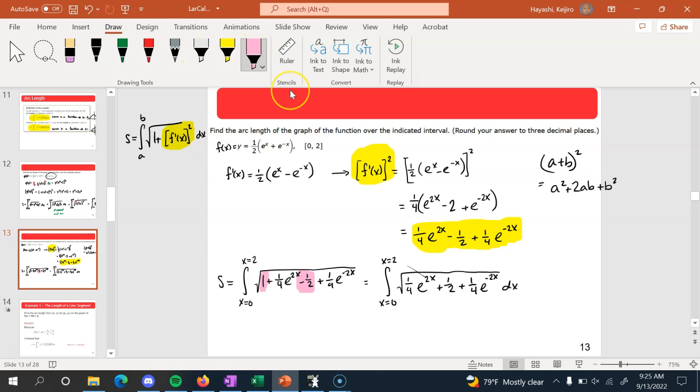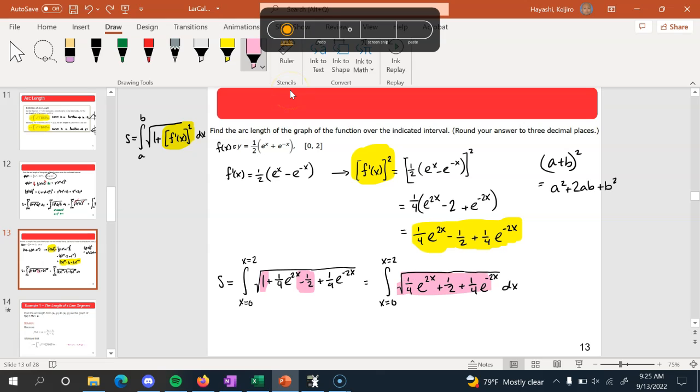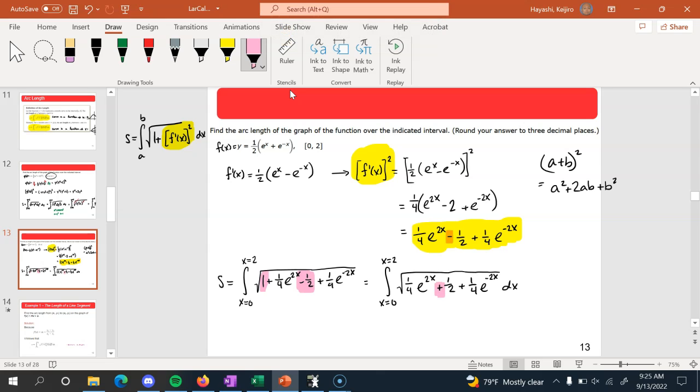So you might notice that this looks almost identical to this. The only difference is there's a minus here and a plus here.